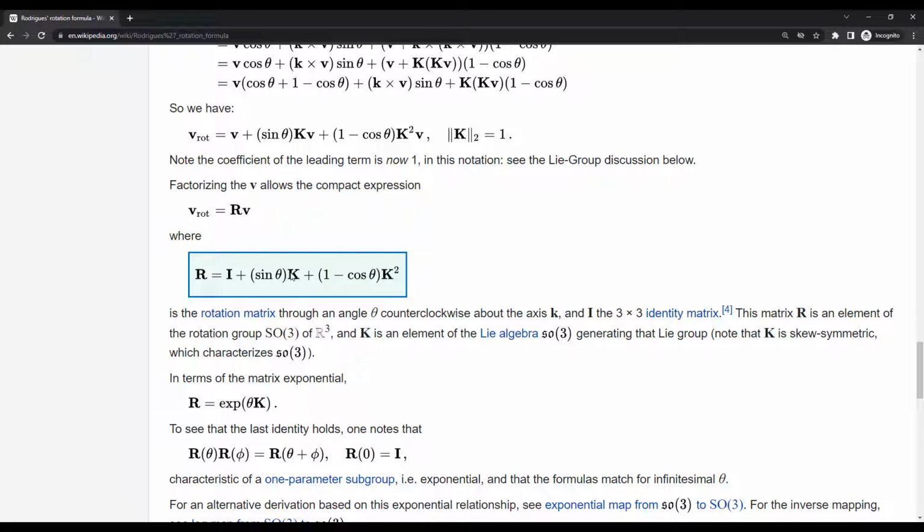This K is a skew symmetric matrix made up by the elements of the normalized axis of rotation. You normalize the vector which is the axis of rotation and form the skew symmetric matrix from it. That is exactly K, and it is the same as the one taught in the class, but the one taught in the class is in the vector form. Here it is in the matrix form. Okay.